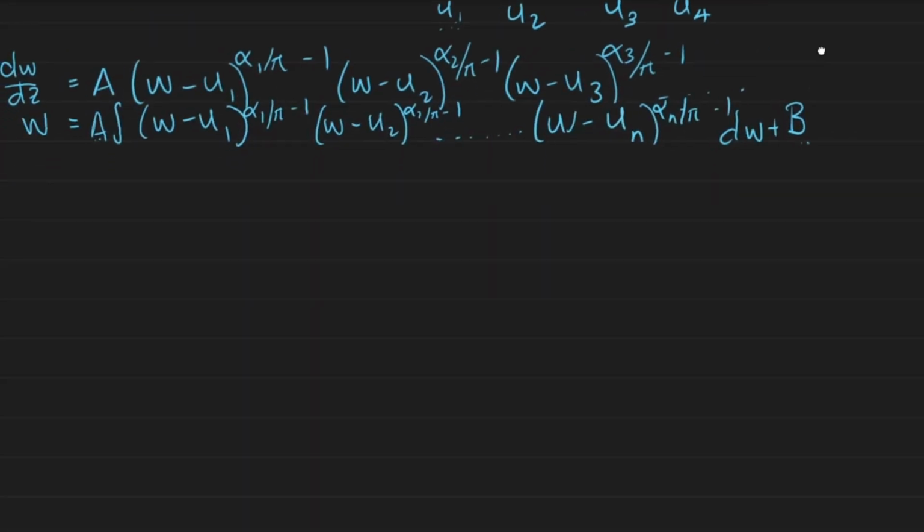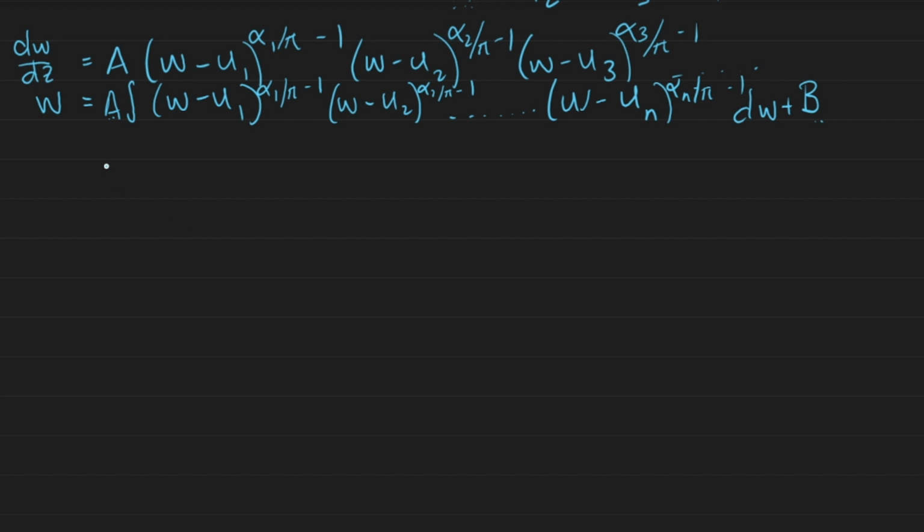At these different points, we had chosen u1 to be minus 1 and u2 to be 1. It was on the real axis.